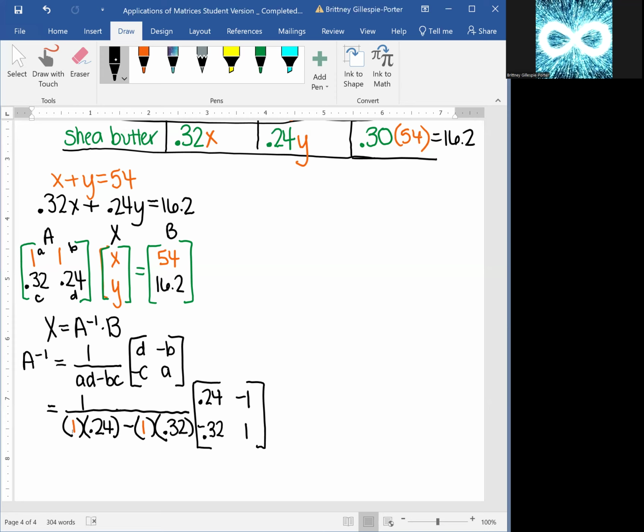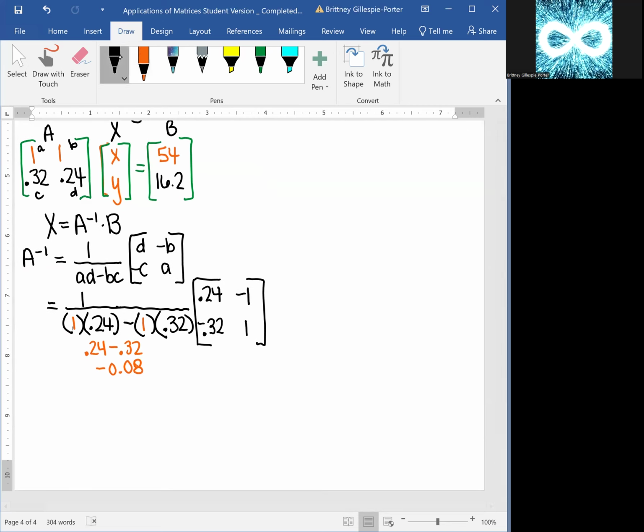In the denominator of that fraction, we would have 0.24 minus 0.32, which gets us negative 0.08, which means we are going to have 1 all over negative 0.08, or 0.08, if that makes you feel better, times our crazy matrix.